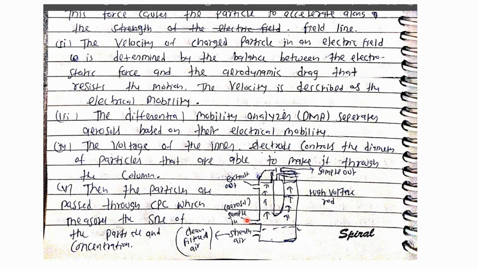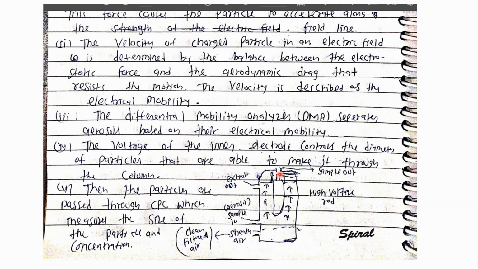Whenever the aerosol sample goes through, mixing with sheath air, it gets in contact with the electrical field generated by this electrical rod. So it carries a certain charge, and the larger particles will have more mobility or electrical charge, and smaller particles will have lesser electrical charge. Based on that, there is an opening of certain dimensions.